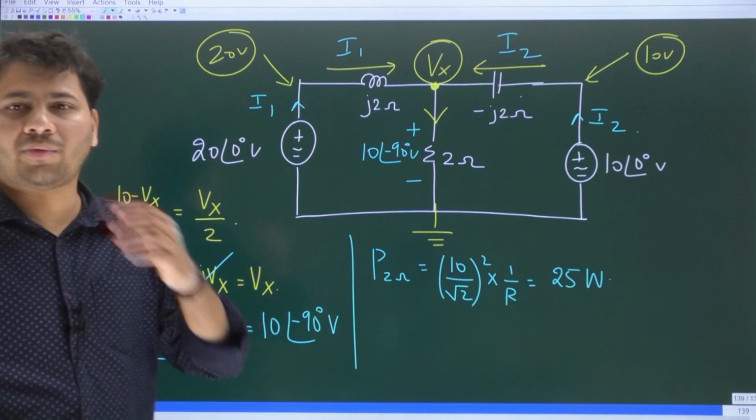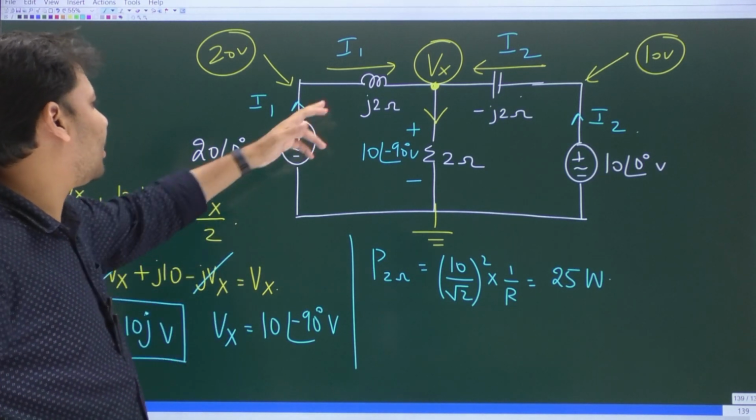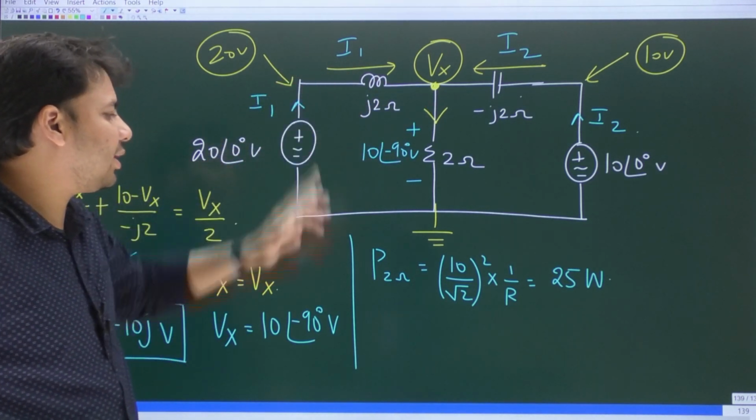Anyway, let us try to find I1. How do you find I1? I1 is 20 minus Vx by J2.